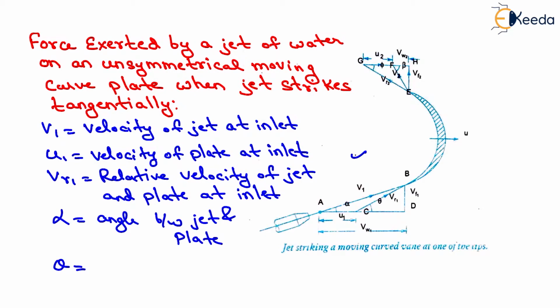Theta is the angle made by relative velocity VR1 with the direction of motion at inlet, also called vane angle at inlet.